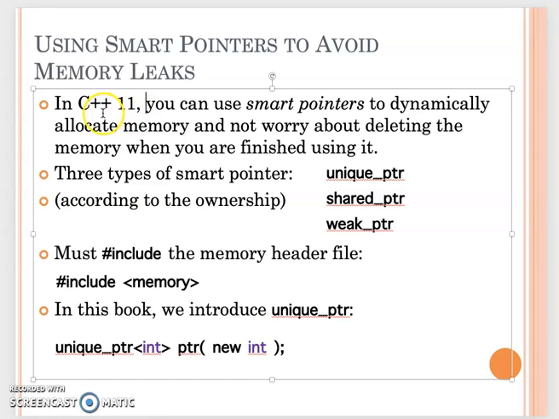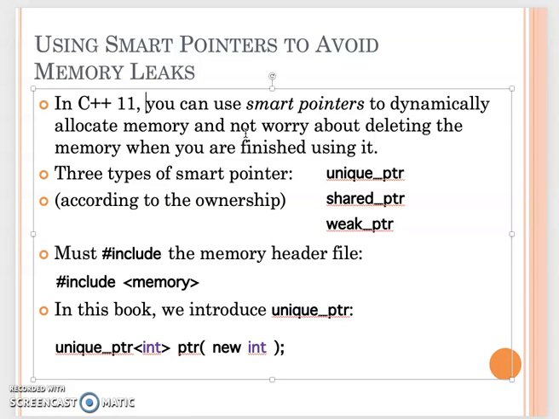So that's why from C++11 and above, we introduced the Smart Pointer to dynamically allocate memory. Then you don't need to worry about deleting the memory after you finish the program. Using the Smart Pointer, the first thing is they will dynamically allocate memory, then they will delete it for you.